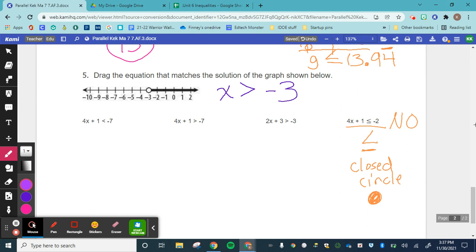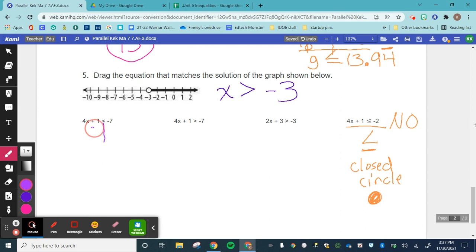I also don't know which one's going to have -3 for the x when I isolate the x. So I'll start with the one that says 4x plus 1 is less than -7. I know that I have to cancel out my plus 1 first because it's the constant on the same side as the variable.